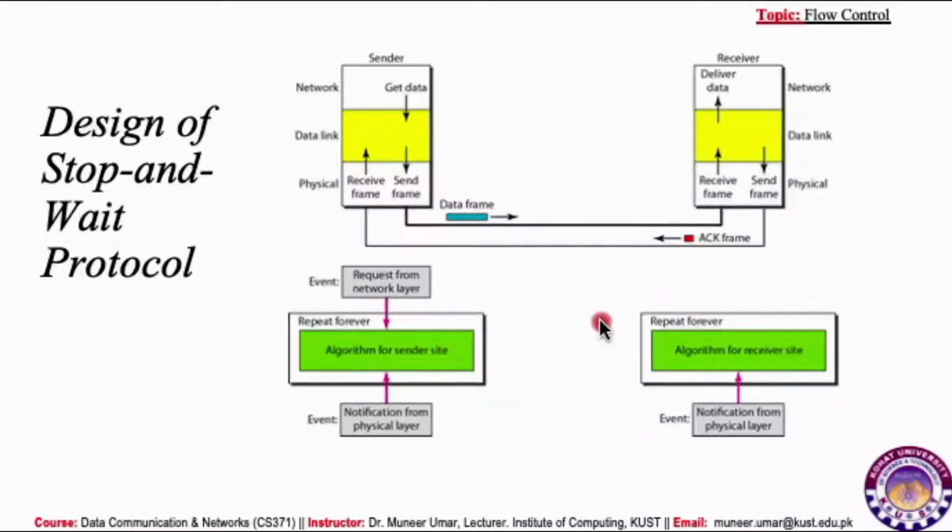Normally, the receiver does not have enough storage space, especially if it is receiving data from many sources. This may result in either the discarding of frames or denial of service.